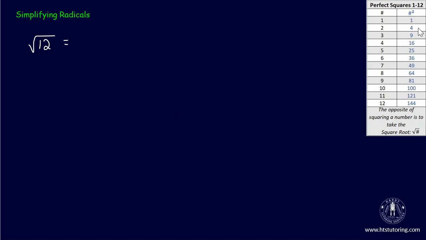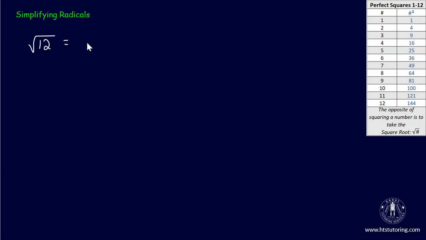Is there a number in this column that 12 can divide by, or a number in this column that can multiply by something to equal 12? Well, 1 times 12, but if I take the square root of 1, I get 1, and that's not going to take me anywhere, so we're just going to skip 1. But what about 4? Well, 4 times 3. 4 is a perfect square. Okay, we're on to something here.